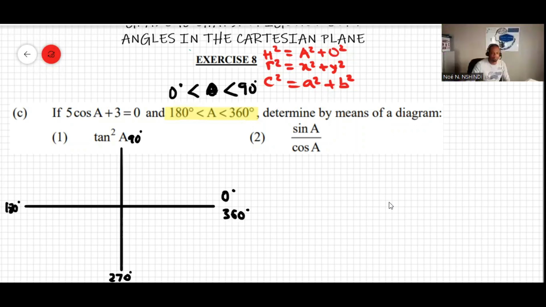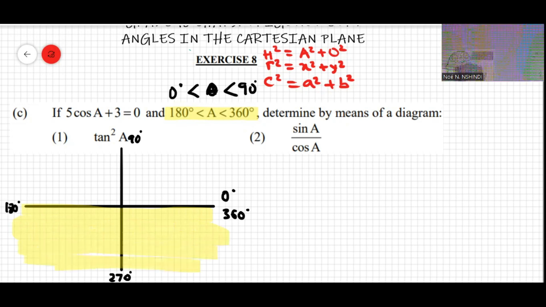So when the condition says that the angle A is between 180 degrees and 360 degrees, it simply means that our solution, our triangle, must be in these quadrants that I'm going to highlight here. It's going to be either in the third or in the fourth quadrant.